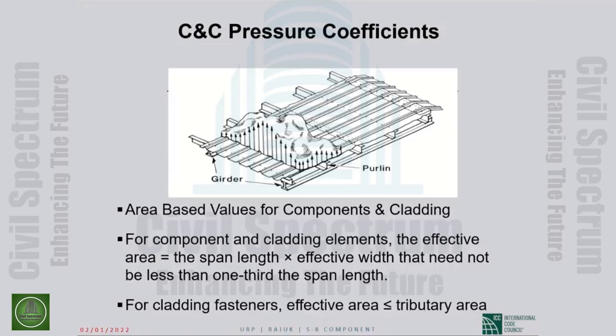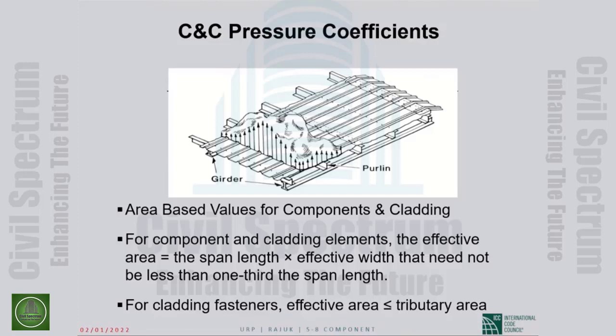Whichever way you get higher wind pressures to design for is the way to go. Okay, so now for components and cladding, the pressure coefficients that we are given in ASCE 7 are area-based values.